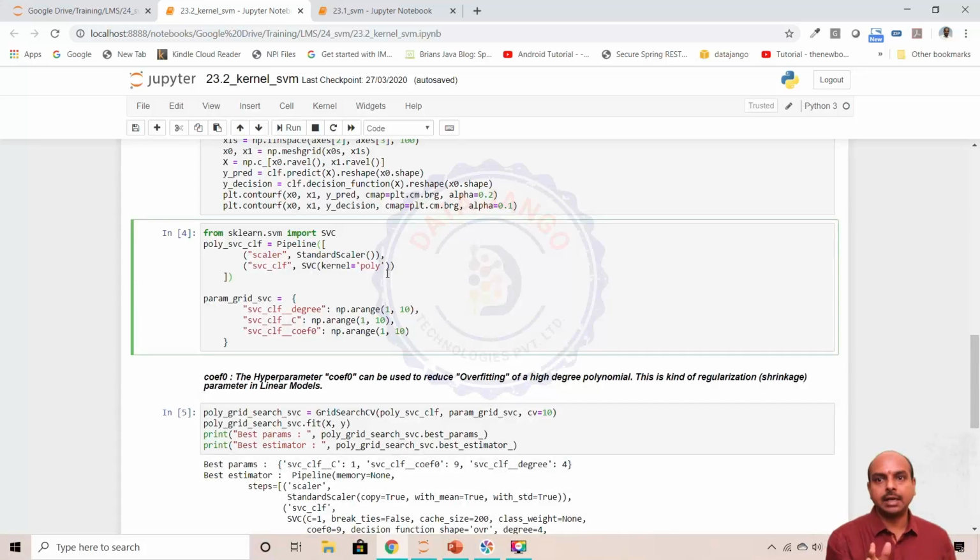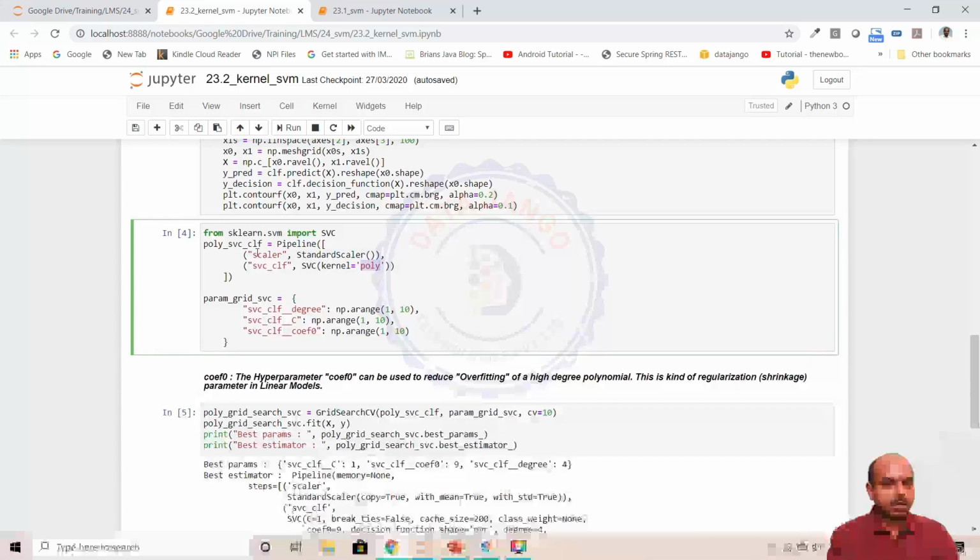Even with a 100-degree polynomial, it is going to create an m by m dataset only, because the polynomial equation is used to calculate the distance between the data point and landmarks. What are landmarks? The rows only. The rows, or the persons, are the landmarks. So even if you raise it to a 100-degree polynomial, it's going to be okay. That is the advantage of the kernel trick.